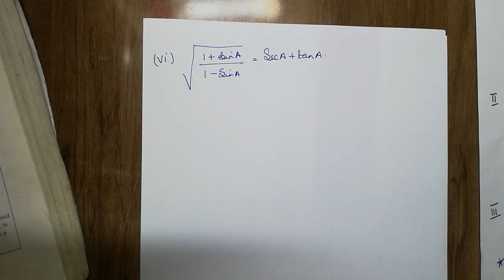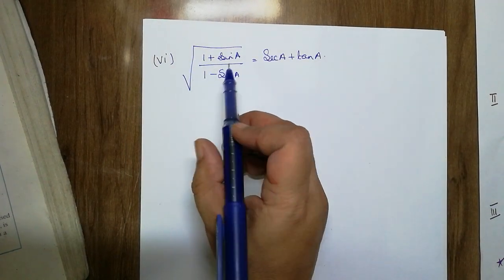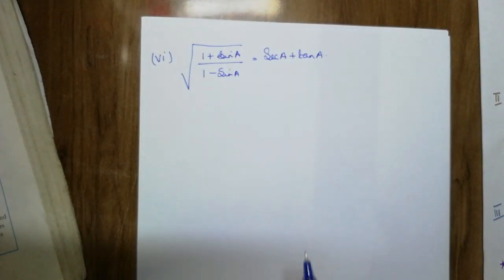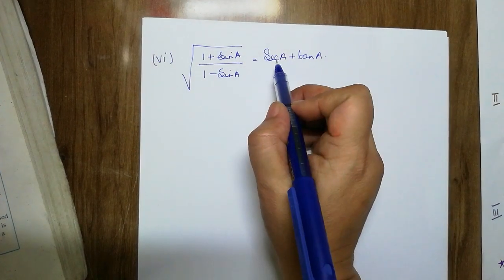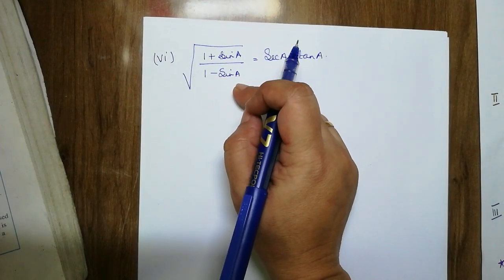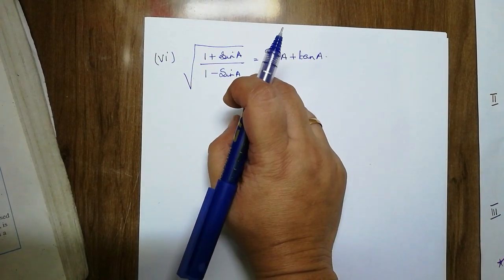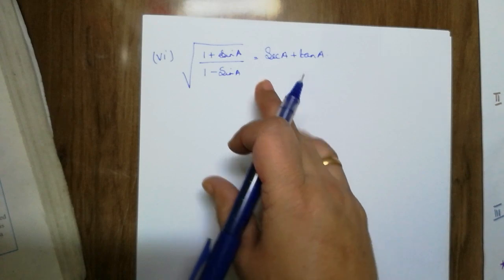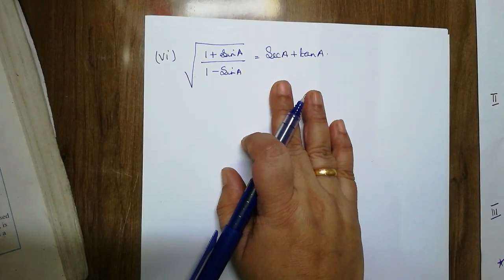Now the sixth sum, we have to prove square root of 1 plus sin a by 1 minus sin a equal to secant a plus tan a. Now secant a, tan a, again no square. Here remember 9th standard, rationalizing the denominator. In this case we call it rationalizing or componendo and dividendo form.